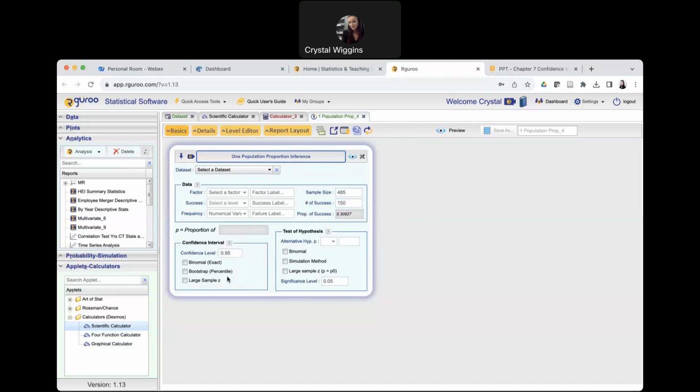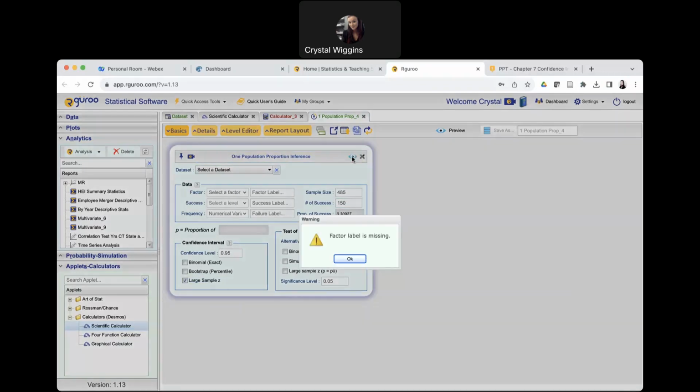Now for proportions, we do not need to choose between a Z or a T. Yay. Every single proportion problem solely uses the Z distribution. So we do need to remember to check this box, but we can ignore these two. And we just have to make sure the confidence level matches what they wanted in the problem. This problem wanted 95, so we're good to go. When we hit our eyeball, it is going to remind us what labels it needs.